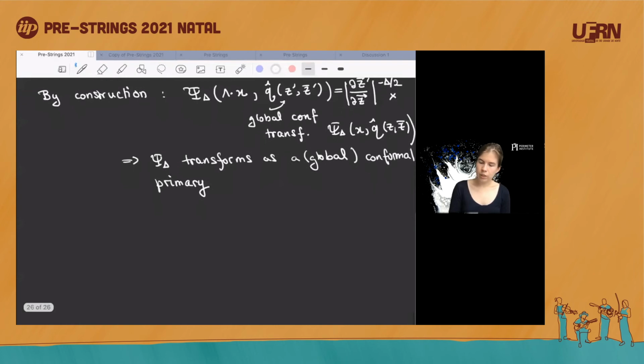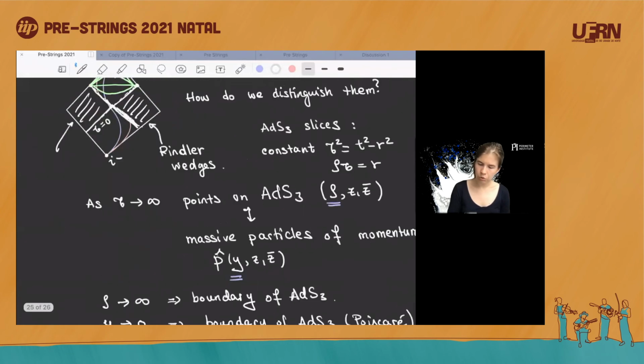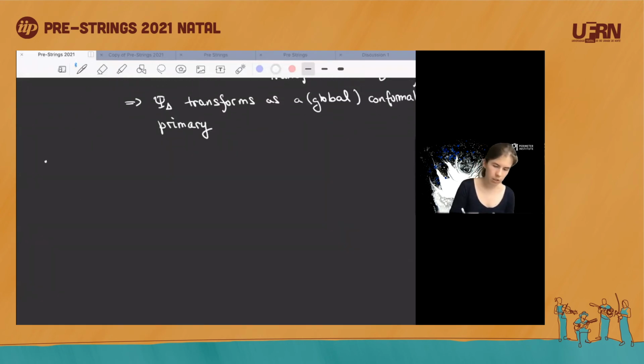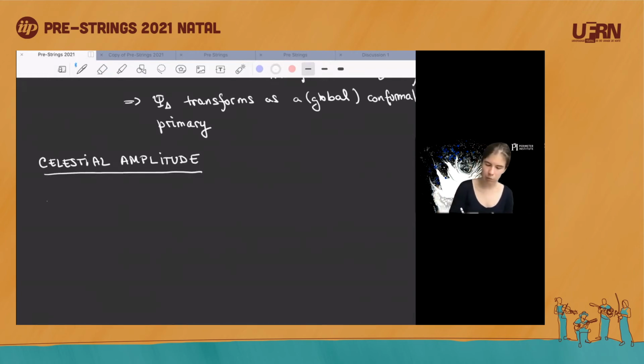Okay, so we're going to discuss the implications of these transformation properties for celestial amplitudes in a lot of detail tomorrow. But I think at this point we've done enough to be in the position to define the celestial amplitude, at least when there's only massive particles involved in the process.